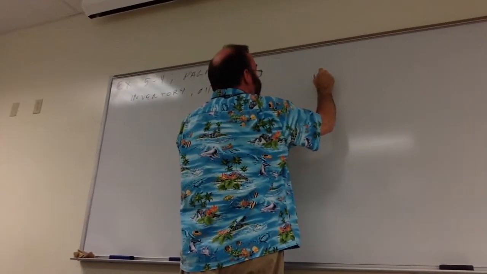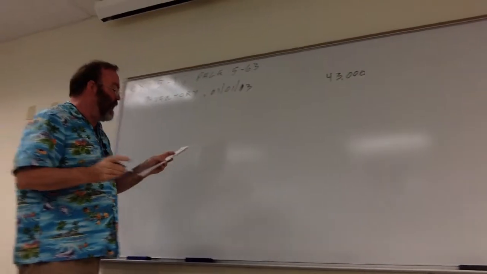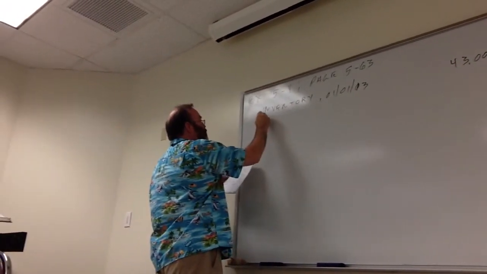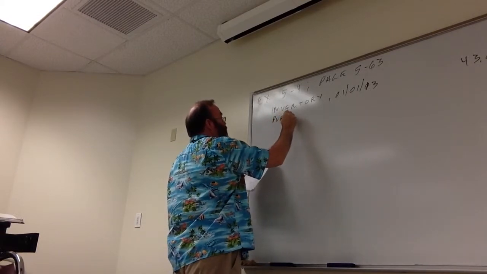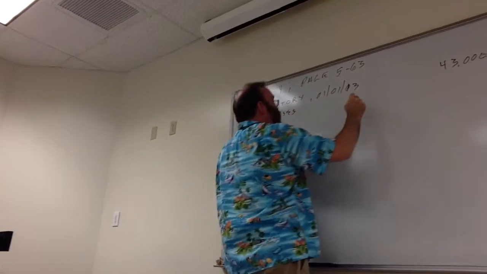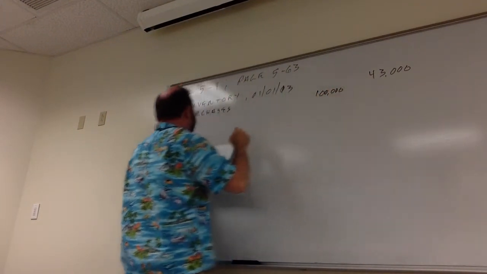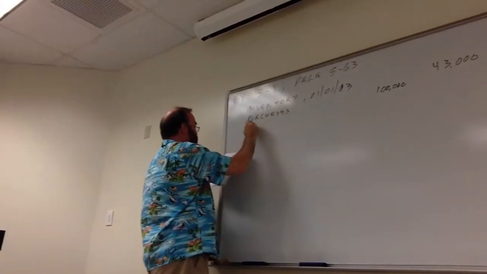All right, so the calculation for that first is you're going to start with inventory on January 1, which is $43,000. To that, you're going to add net purchases. So that's purchases of $100,000 plus freight in.